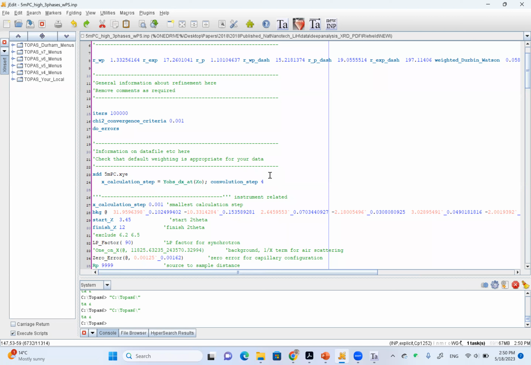So you should have a good template to start with. Once you have a good template to start with, then it's possible that you do not have to do too many things in the background. You just leave the background there, right? And your background, the order of polynomials or number of variables, that should be reasonable.